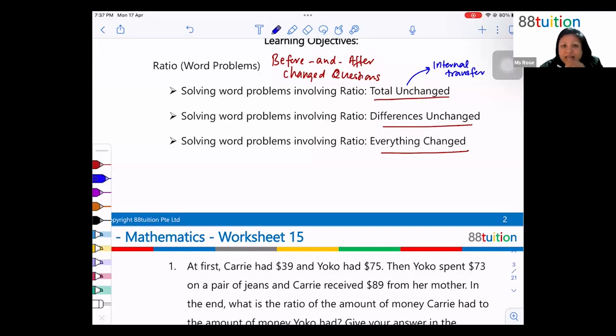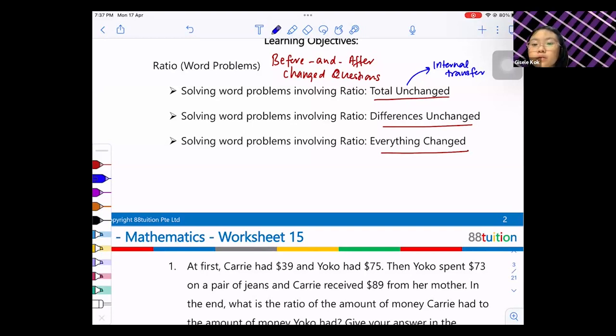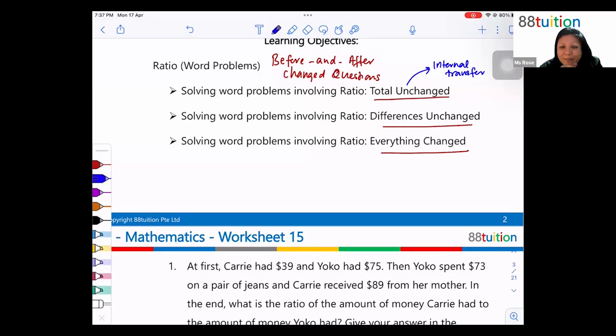Okay, now for difference unchanged, can anyone give an example, what type of question is difference unchanged? External? Oh, external is everything. What kind of questions involve difference unchanged?